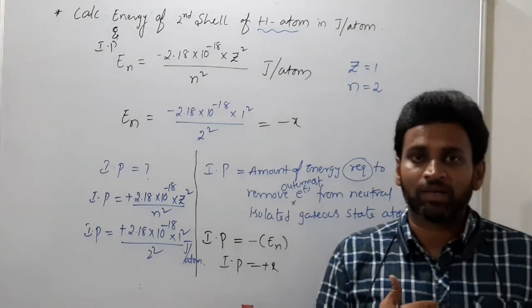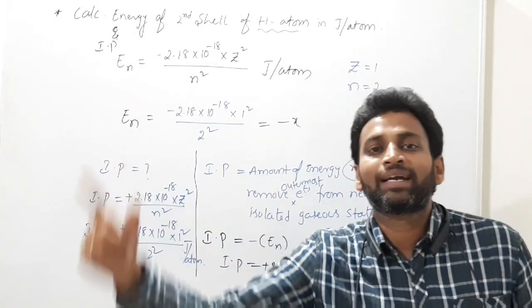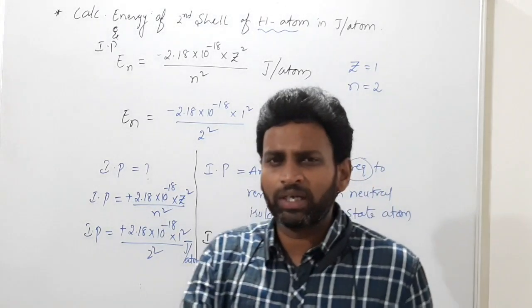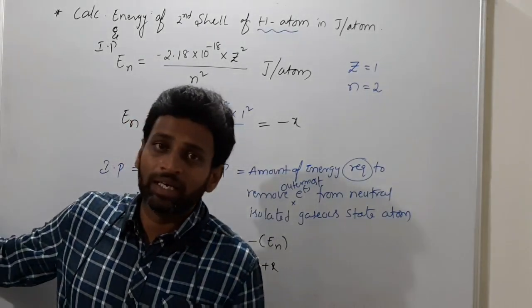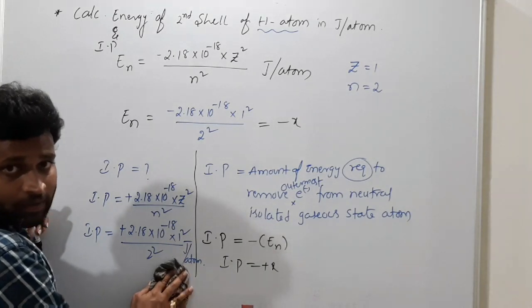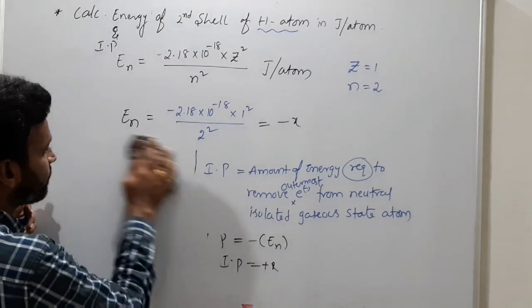And gaseous state atom, so the physical state of that atom should be gaseous to remove the electron. That is called ionization potential. Don't worry about ionization potential and its factors, everything we will discuss in the periodic table, periodic properties. So hope you understood this numerical.